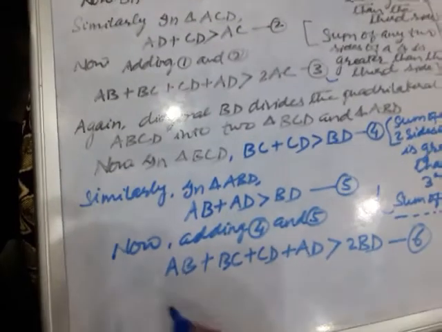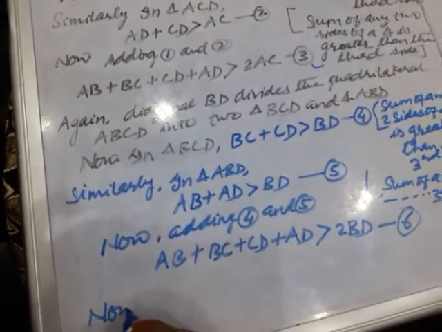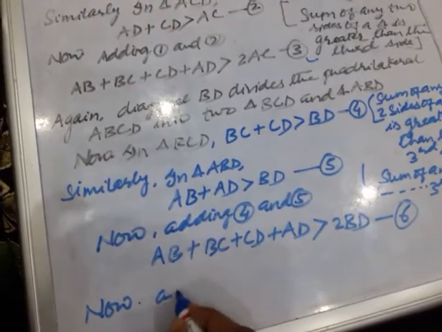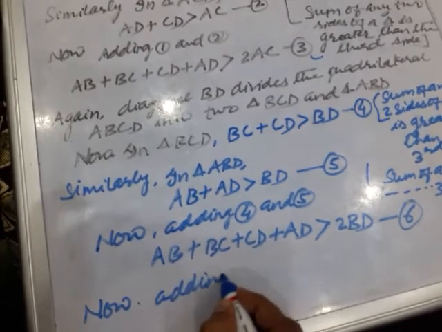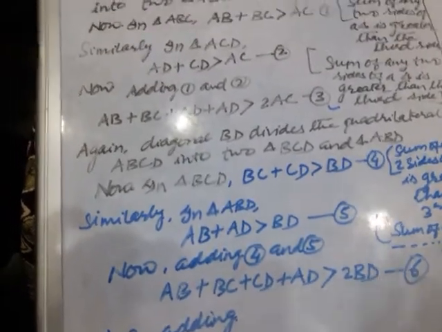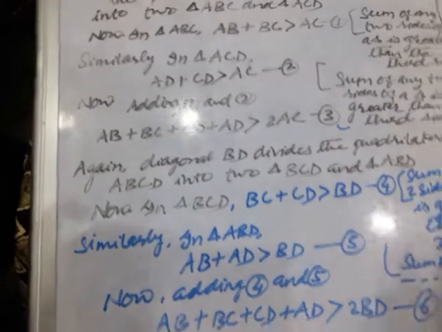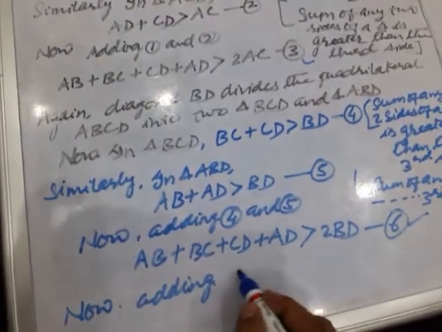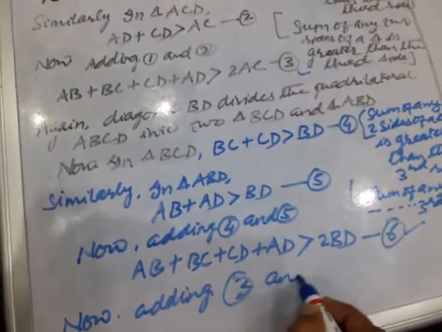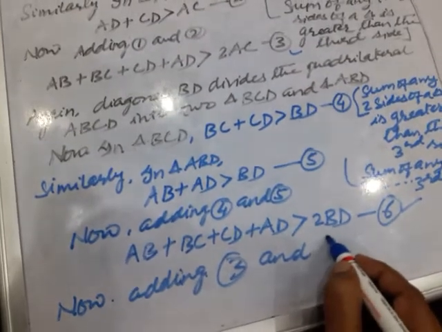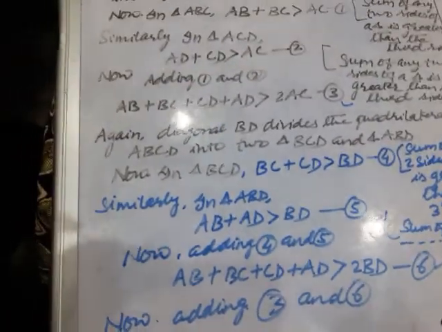Now again, adding equation number 3 and equation number 6. Adding 3 and 6, what do we get, children?